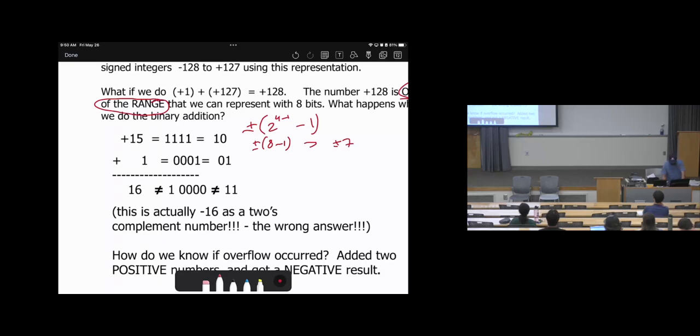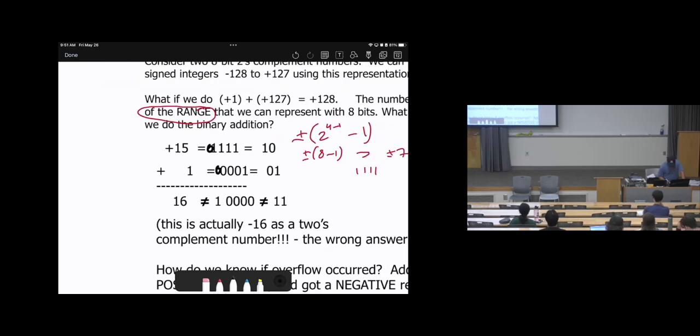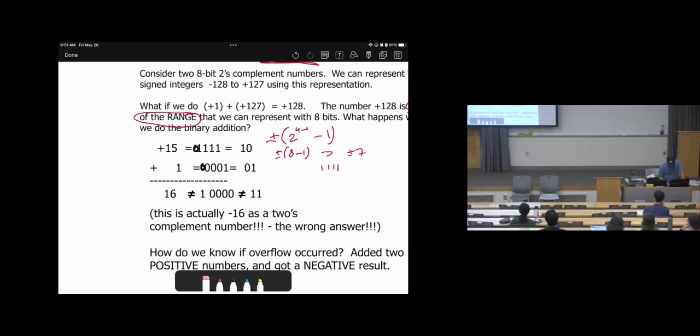So the range is plus minus 7. Let's assume we have 1, 1, 1, 1. Oh, I think in this example I got confused because there is a sign bit here. Okay, let me do it again. I apologize for this.